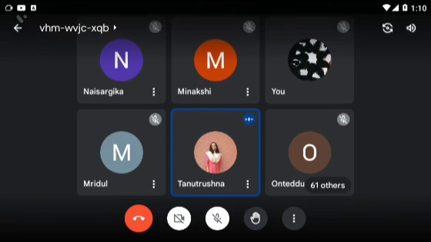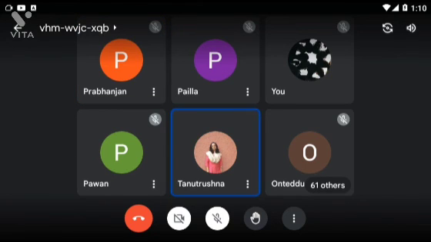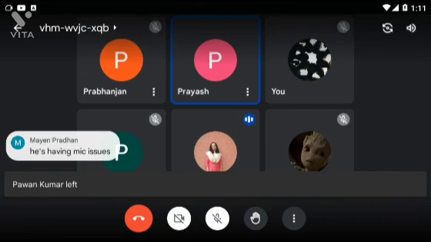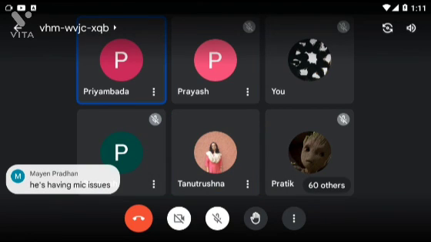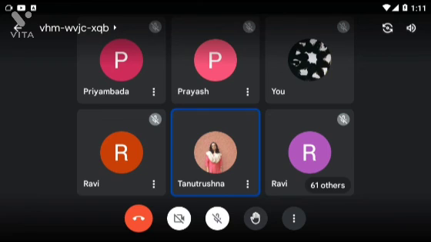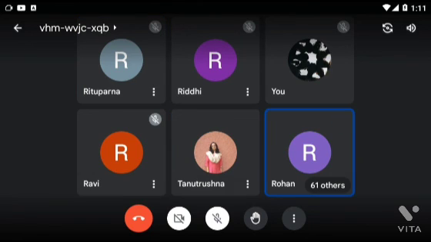Navya Pritam Reddy. Present, ma'am. Pawan Kumar. Present, ma'am. Pravanjan Mishra. Present, ma'am. Pratik Tripathi. Present, ma'am. Priyadarshan Dehuri. Present, ma'am. Prayash Chandra Ta. Present, ma'am. Priyambada Onkar. Present, ma'am. Ravi Kumar. Present, ma'am. Ravi Shovesh. Present, ma'am. Riddhi Agarwal. Present, ma'am. Rituparna Sanapati. Present, ma'am. Rohan Kumar Mohanty. Present, ma'am.